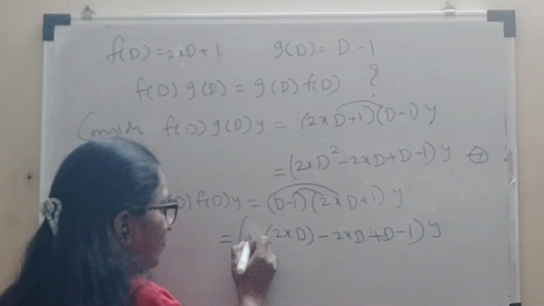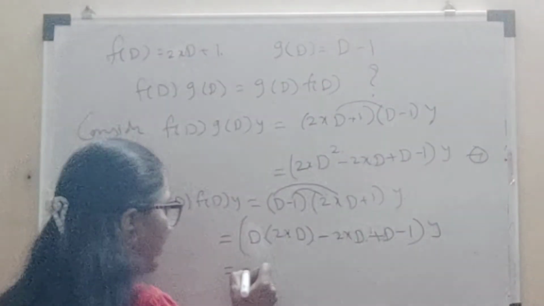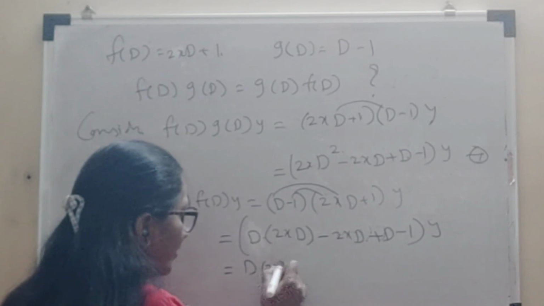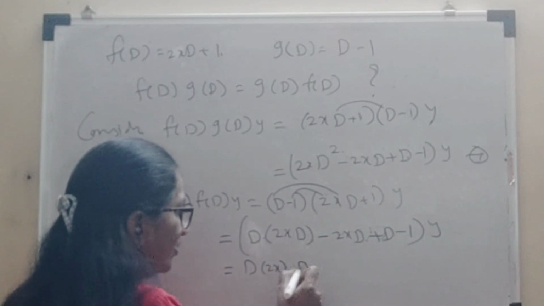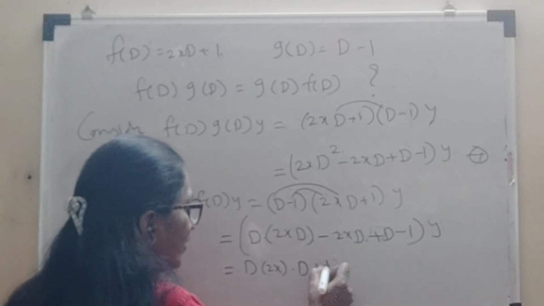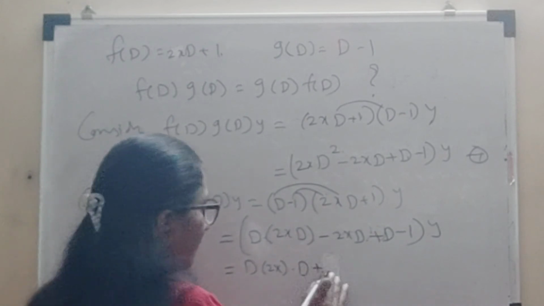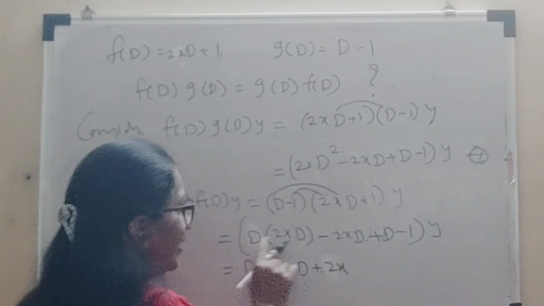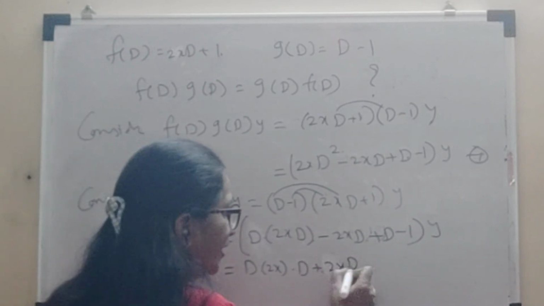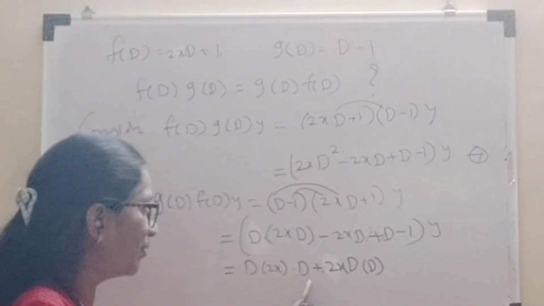I'll keep this D as it is. How can we apply the product rule? Here, the derivative of 2x, keeping D constant, into D, plus keep 2x constant and the derivative of D. So D operates on D. We are using the product rule here.